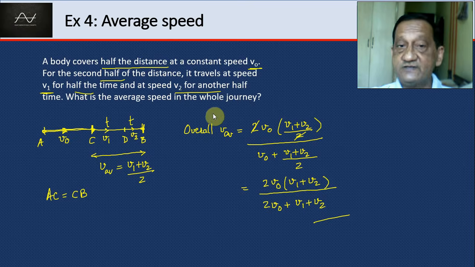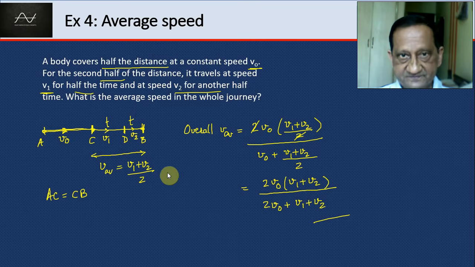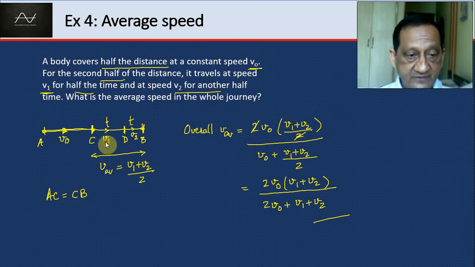Because the speeds are different and the time is the same, the distances covered will be different. The point D I'm marking, CD will not be equal to DB, certainly not. D is not the midpoint of CB because v1 and v2 are different, the times are the same, so the distances are different.